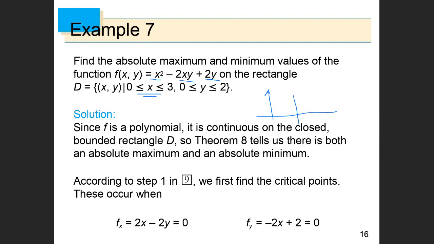It's x between 0 and 3, and y between 0 and 2. So basically I have a rectangle, and you see that this rectangle is convex. If you draw a line between any pair of points inside my rectangle, you will stay within the set itself. Okay, so we'll do a convex optimization.